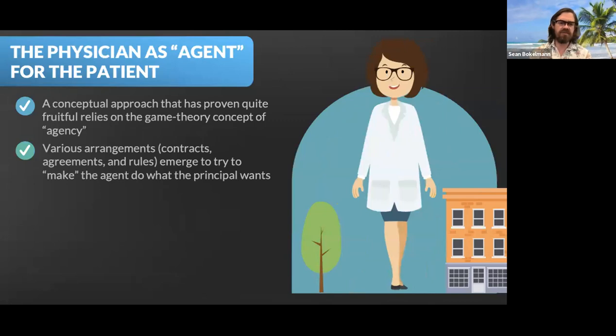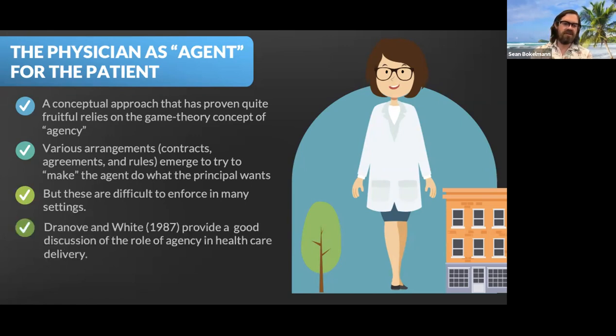Okay, so there are various arrangements that emerge in this type of relationship that are an effort to make the agent do what the principal wants. This includes contracts, looser agreements, or maybe rules. But these are difficult to enforce in many, if not most, settings.